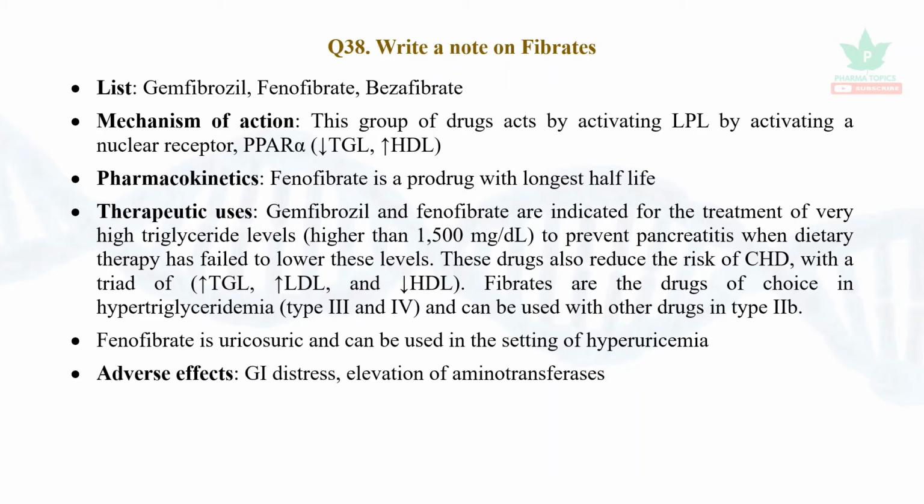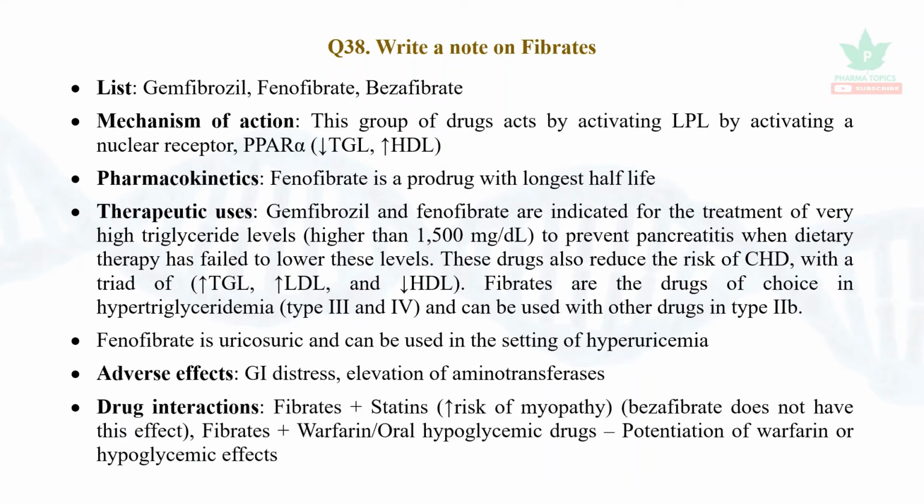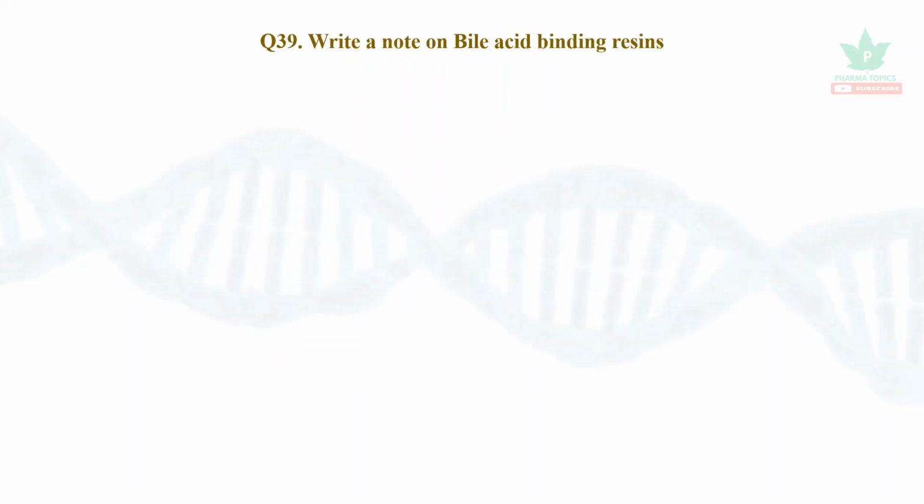Adverse effects, GI distress, nausea, vomiting, diarrhea, and elevation of hepatic transaminases. Drug interactions, as I already discussed in the previous slide, with statins they increase the risk of myopathy. Bezafibrate does not have this problem. Fibrates with warfarin can increase the bleeding. With oral hypoglycemic agents, it may increase the oral hypoglycemic effects.